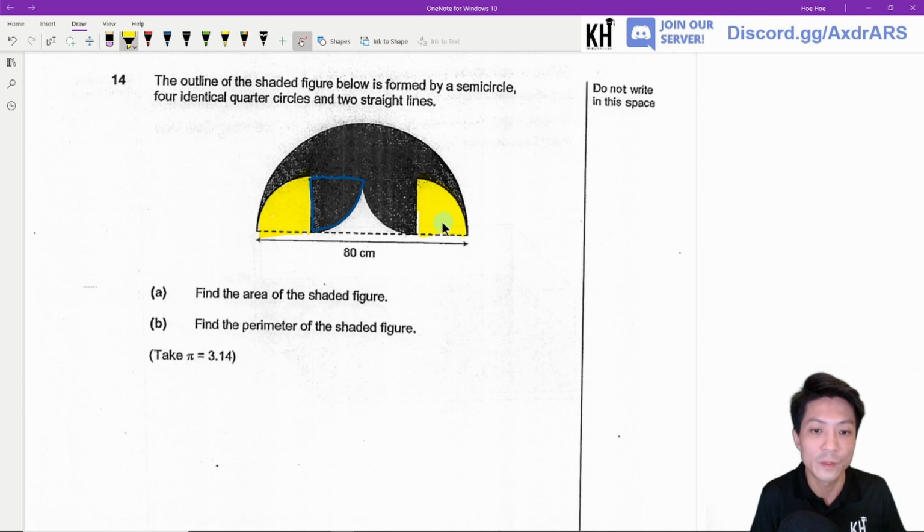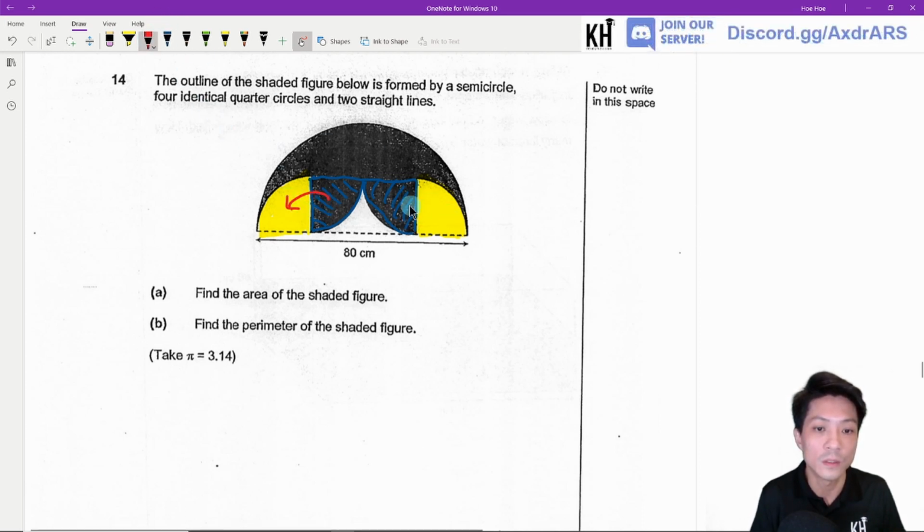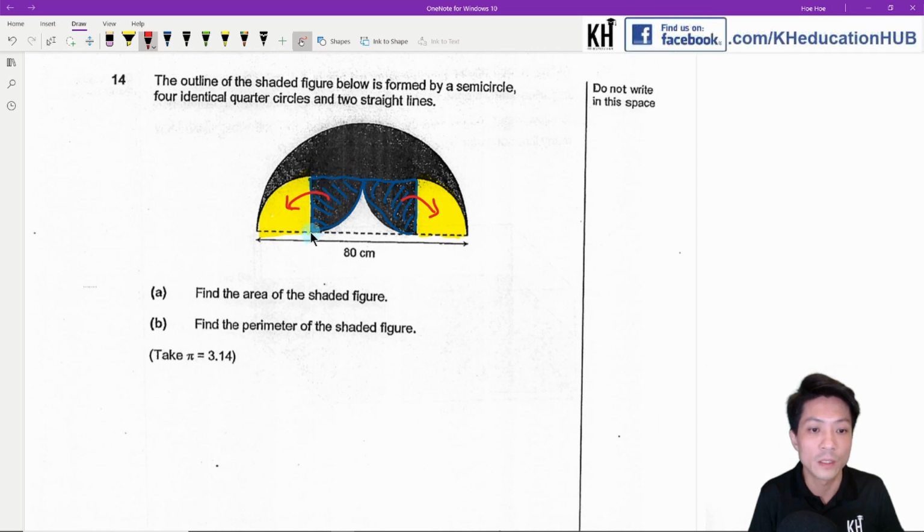I'm going to move this part, the other quarter circle, this and this into here, into here. So which means that now the unshaded part will be a rectangle like this.